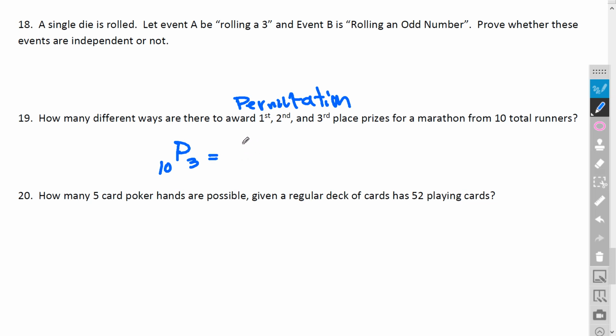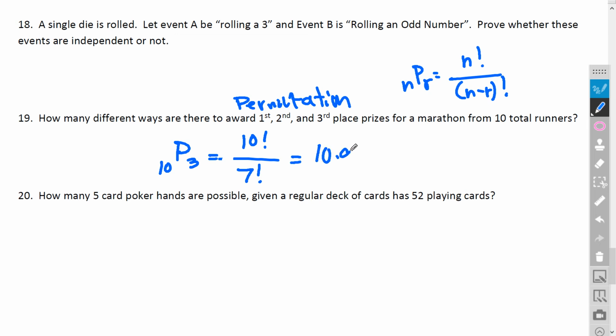So remember nPr is n factorial over n minus r factorial. So 10 factorial over 7 factorial, which is just 10 times 9 times 8, which is 720 different ways to do this.